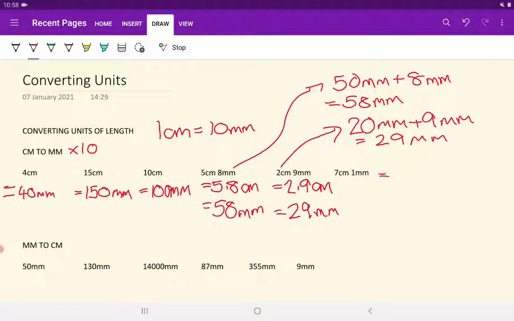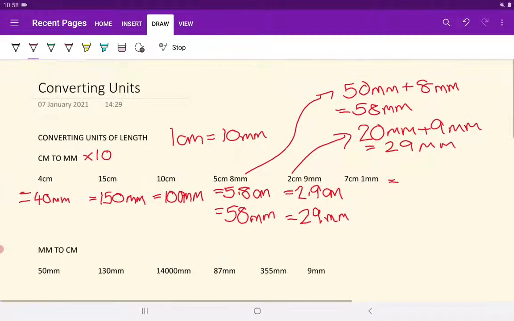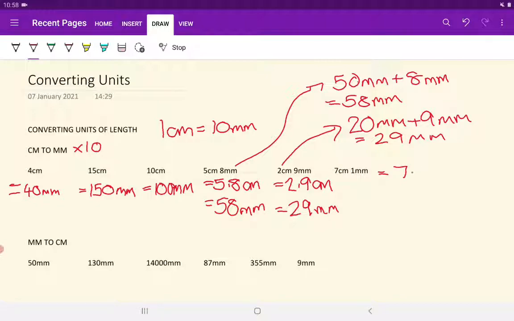Okay, and then finally the last one in this first row, 7 centimetres, 1 millimetre. Otherwise, we might write that as 7.1 centimetres, and that's going to be 71 millimetres, or the 7 centimetres becomes 70, and add the 1 is 71. Okay, so that was turning centimetres to millimetres, and we were timesing by 10.